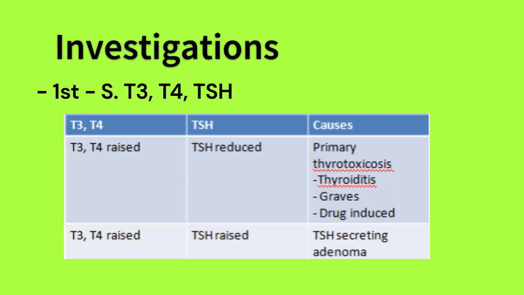If the T3 and T4 are raised and the TSH is reduced, which will happen because the T3 and T4 will have a feedback effect on TSH, which will reduce the amount of TSH, then the causes are primary thyrotoxicosis, which is caused by either thyroiditis of the gland or Graves' disease, which is the autoimmune condition, or it might be drug induced. But if thyroid hormones are raised and TSH is also raised, then it indicates that there might be a TSH secreting adenoma in the pituitary, which is causing the hyperthyroidism.